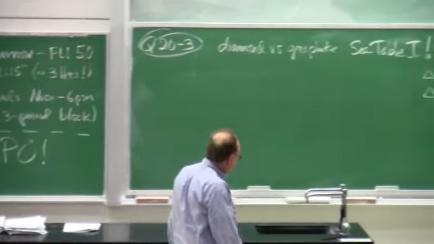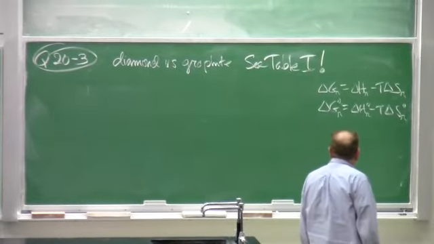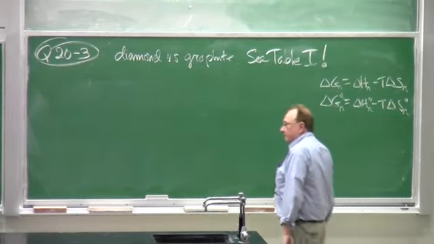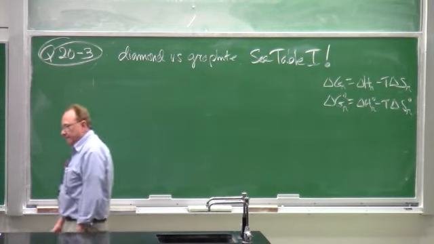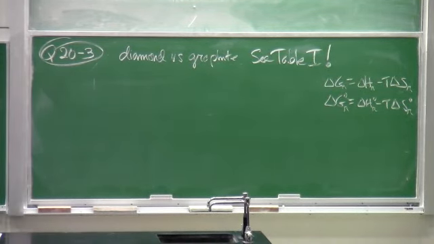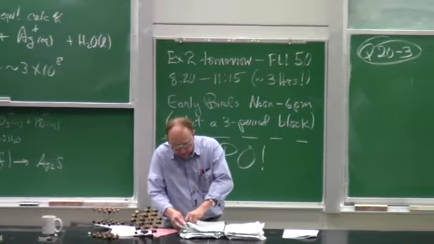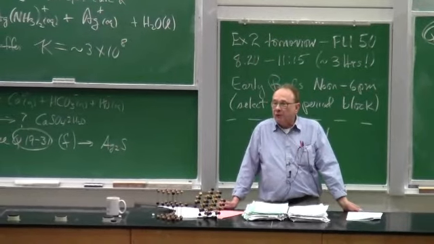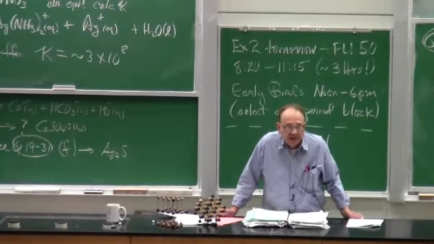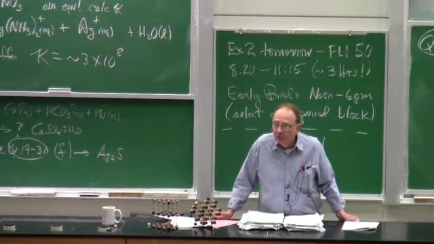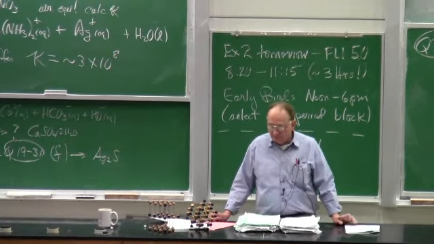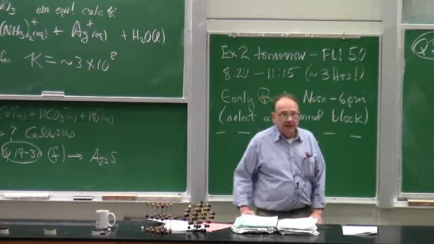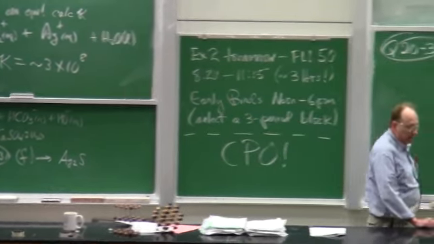Now then, some of you got to talk about this yesterday, some of you did not. Diamond, graphite. So please, right now, whether or not you talked about this, open up table 1. That's the thermodynamic properties data table at the end of chapter 20 in the notes, and find carbon in that table.